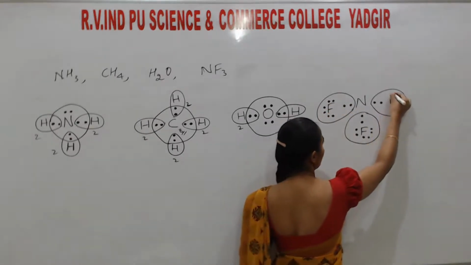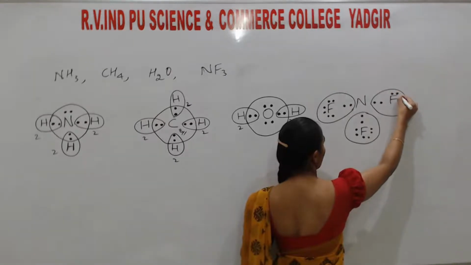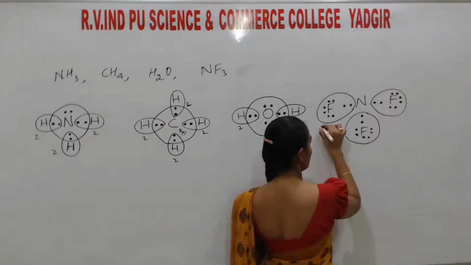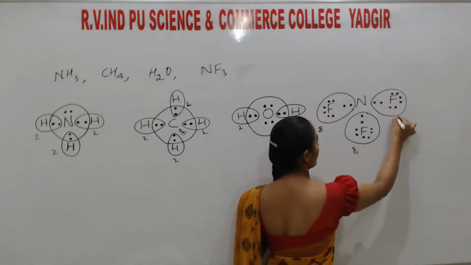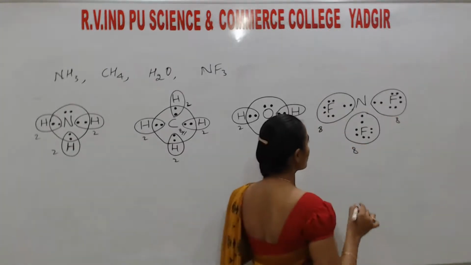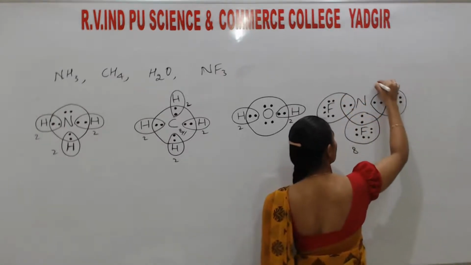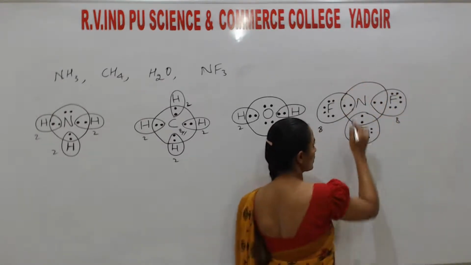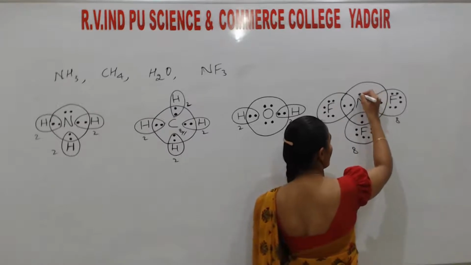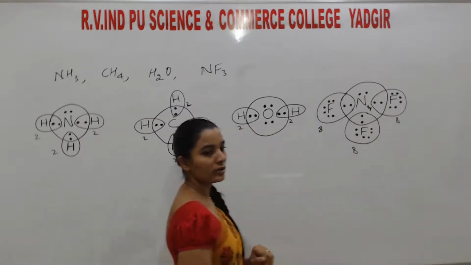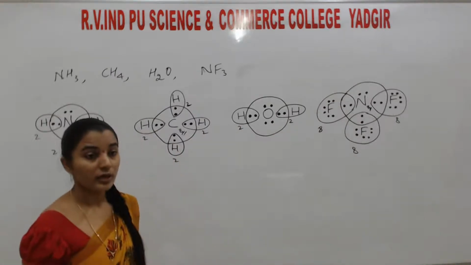Here it is 2, 3, 4, 5, 6, 7, 8. The 8 electron system is satisfied. So the next one is the bonded electrons of this chlorine atom. Here 2, 4, 6 is 3. So this is also satisfying the 8 electron system. That is the structure of NF3.